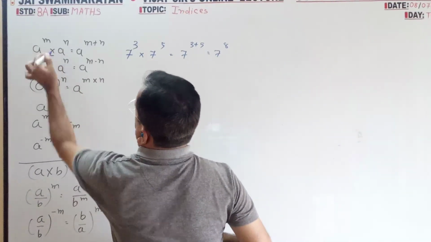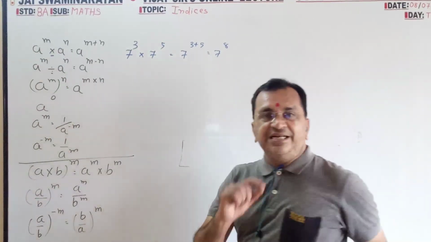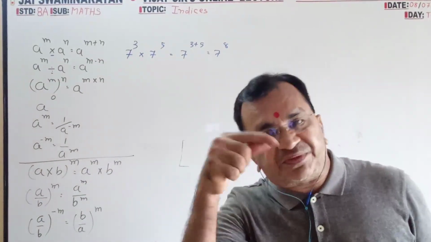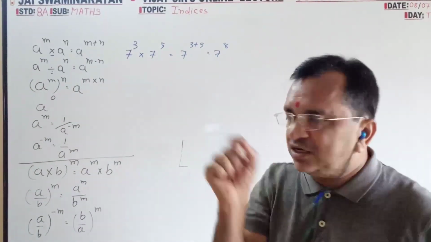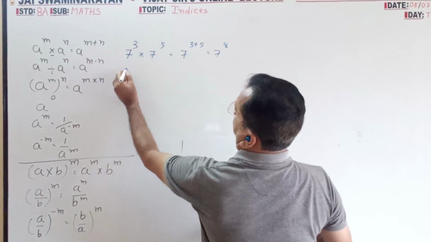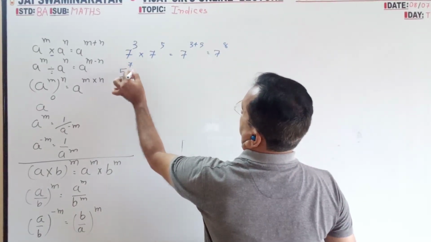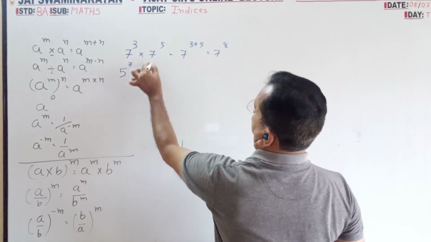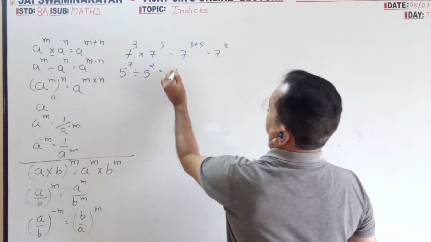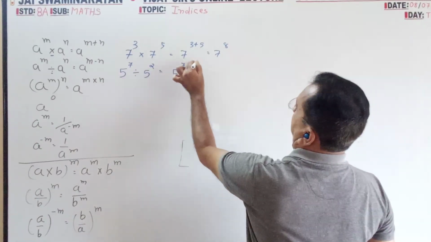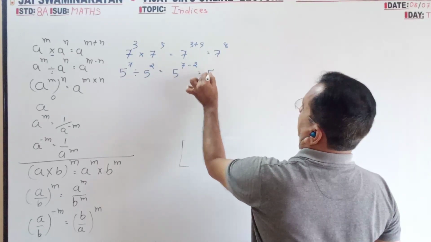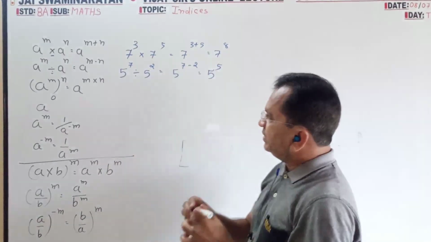This is for product. For division, you have to subtract the power. Instead of adding, you have to subtract. For example, 5 raised to 7 divided by 5 raised to 2. It is 5 raised to 7 minus 2, 5 raised to 5.